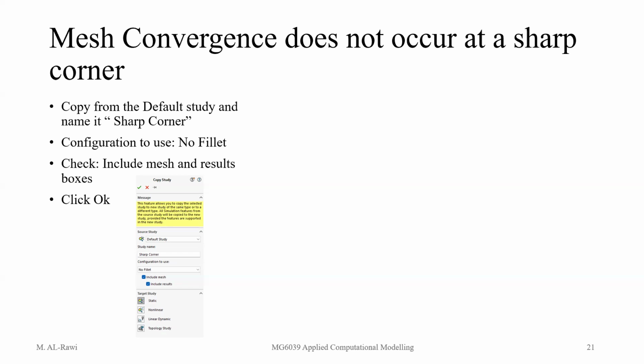So default study, right click, copy study, and then you change that one, just type sharp corner. Under configuration, it's a license.